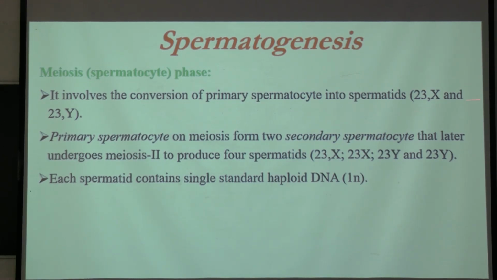So a 46XY cell, after the first meiotic division, will form cells having genotype 23X and 23Y, and after the second meiotic division, it will develop into 4 cells having genotypes 23X, 23X, 23Y, 23Y, and each spermatid contains single stranded haploid DNA. Okay, 1N. In diploid we have 2N, so in haploid we have 1N.